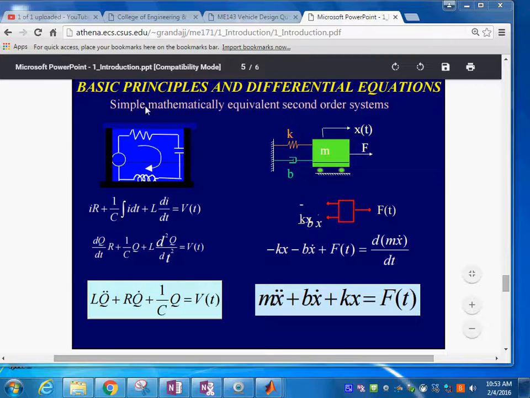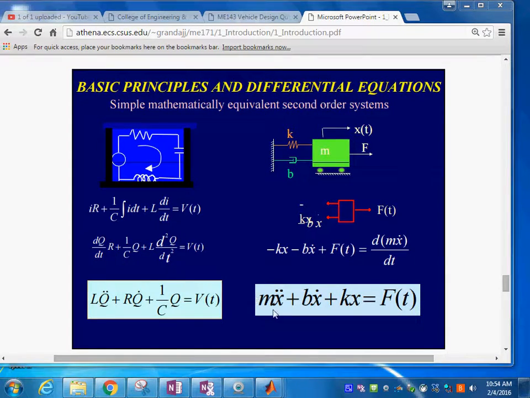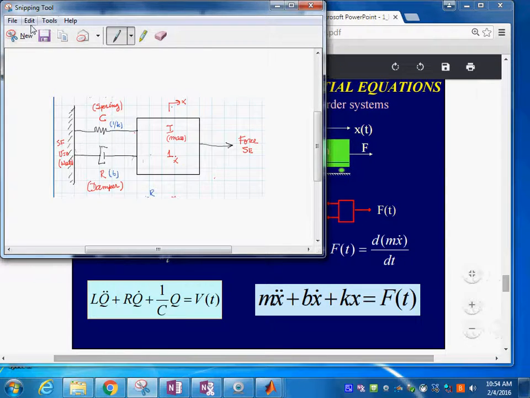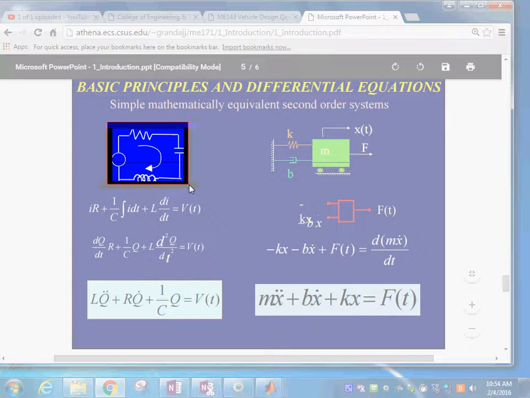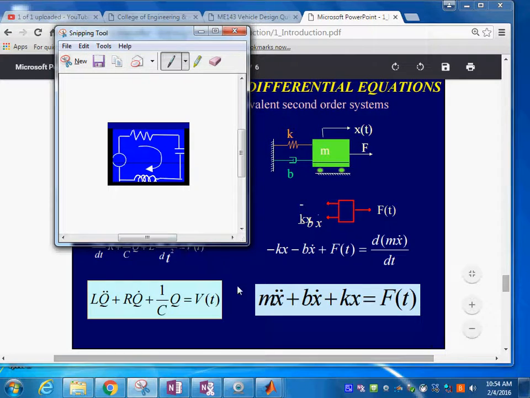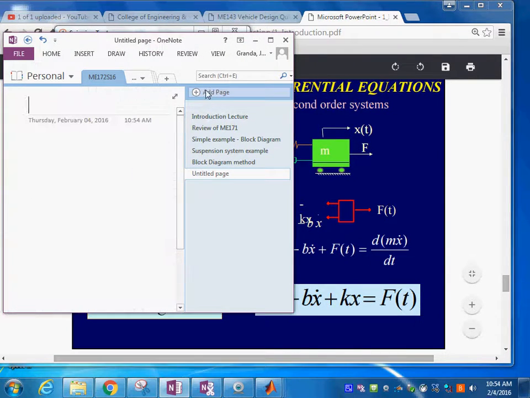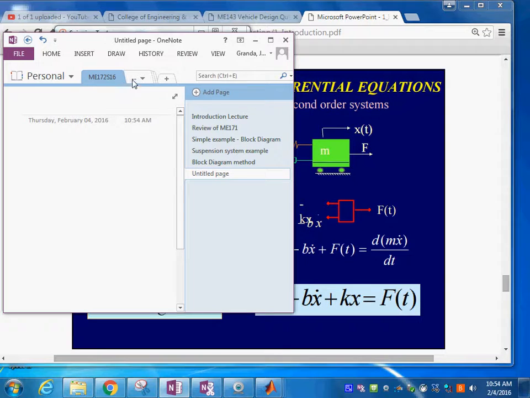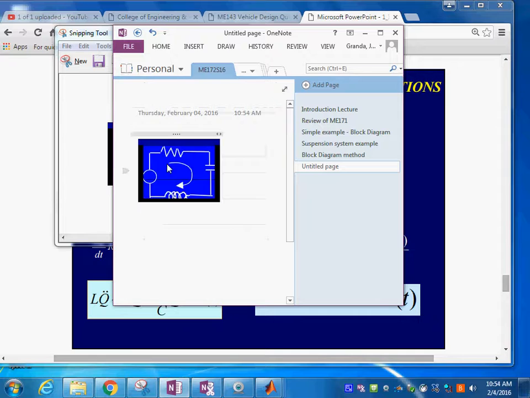What I want to concentrate on is how this came about. So I am going to take this picture, go to my OneNote, and create a new page with this example, and we'll go from there. All right, here we go.